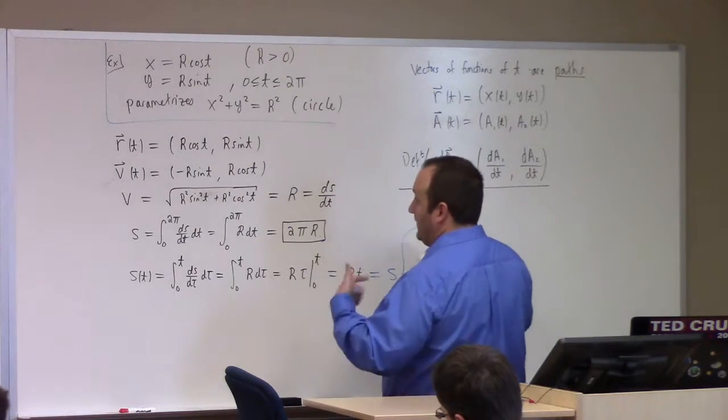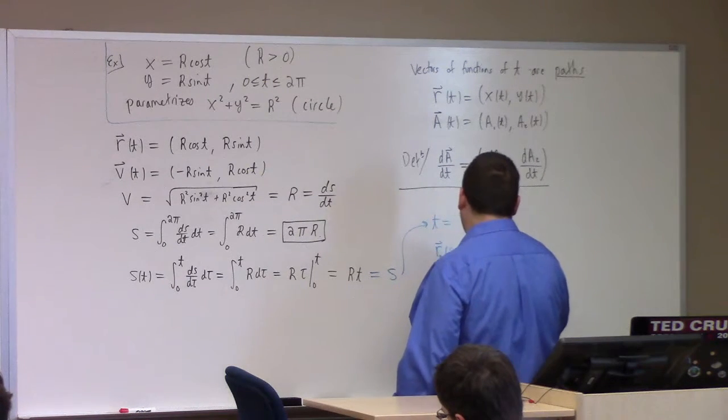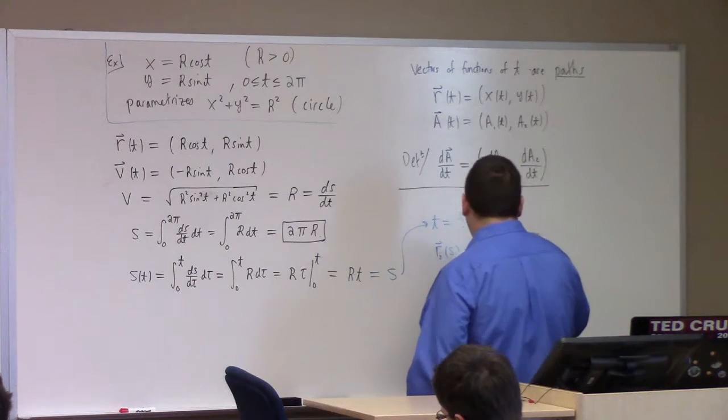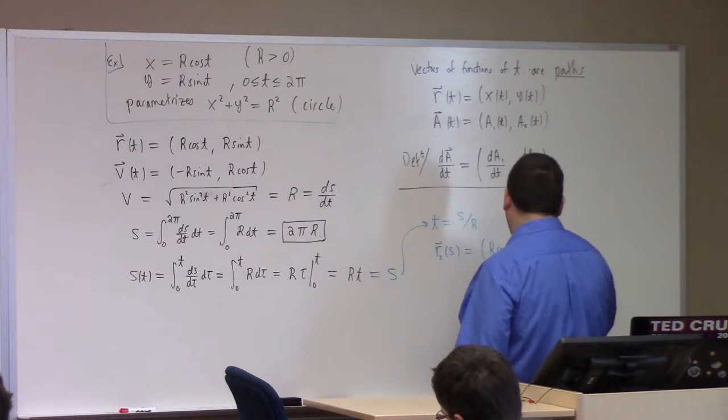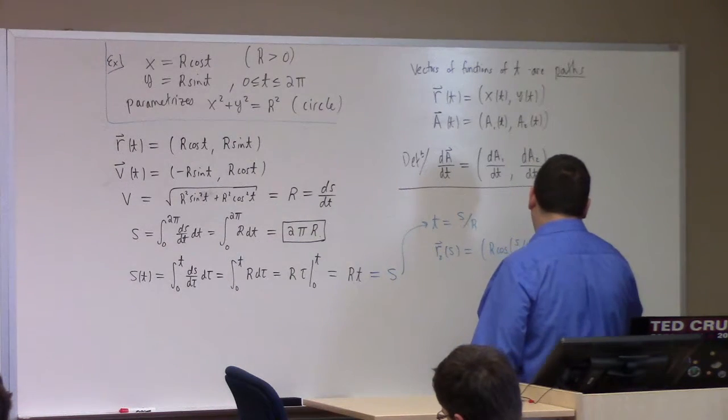So if you define a new parameterization, let's say r2 of s, which is equal to, let's say, R cosine of s over R, R sine, see what I'm doing?